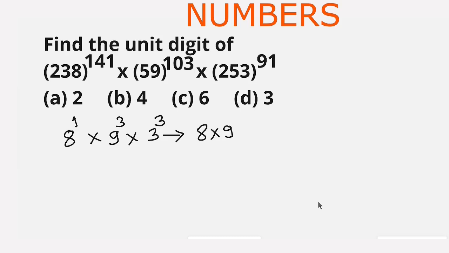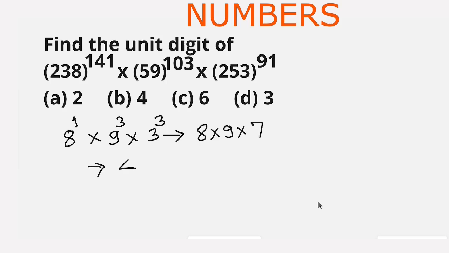And 3 to the power 3 is 27, and the unit digit of 27 is 7. So this gives 8 times 9 is 72, the ones place of 72 is 2. 2 multiplied by 7 is 14, and the ones place of 14 is 4.